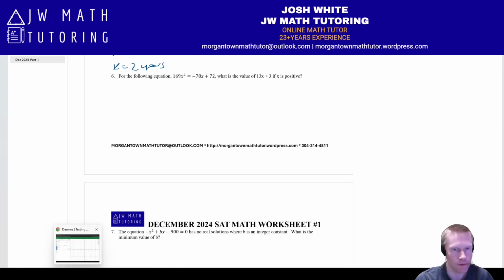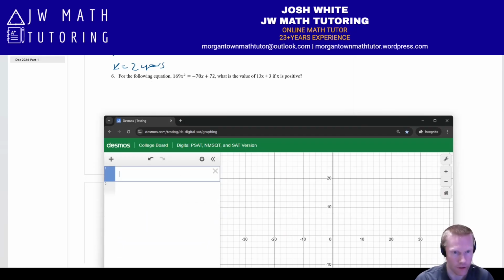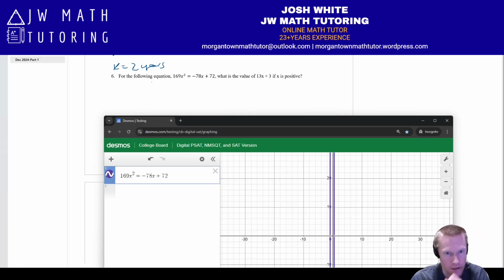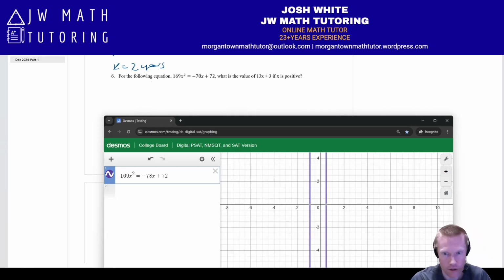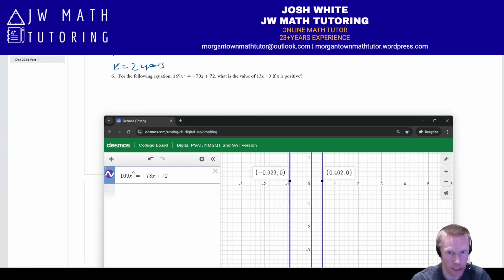So a lot of people got tripped up on this because when they solved it in Desmos, basically they just typed the whole equation. Okay, so they got two answers here, 0.462 or negative 0.923.